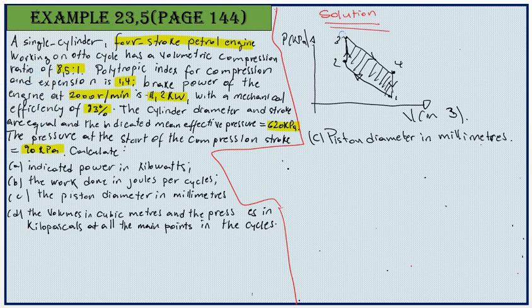We know that the work done per cycle is given by the plane equation. So I'm going to use this one, divided by 60.